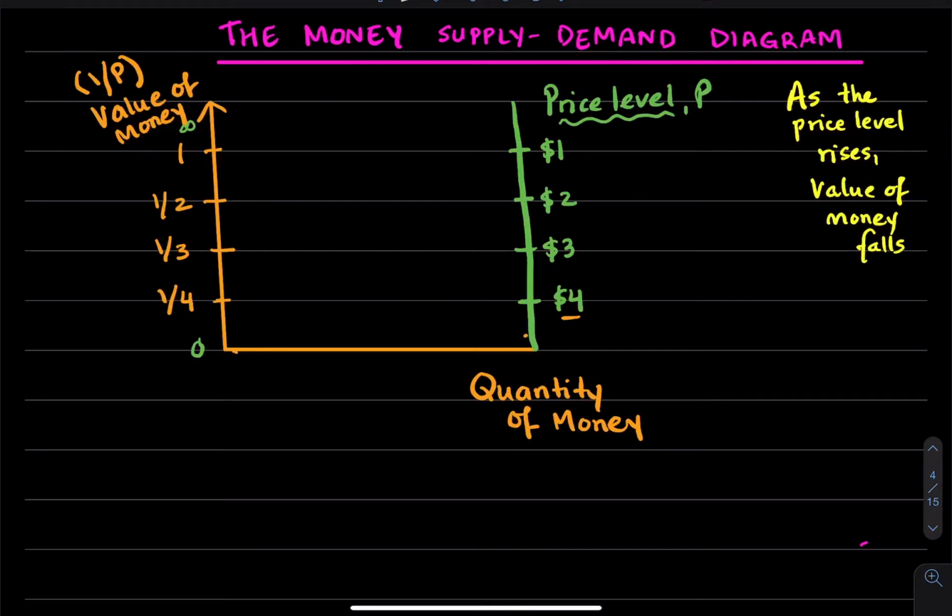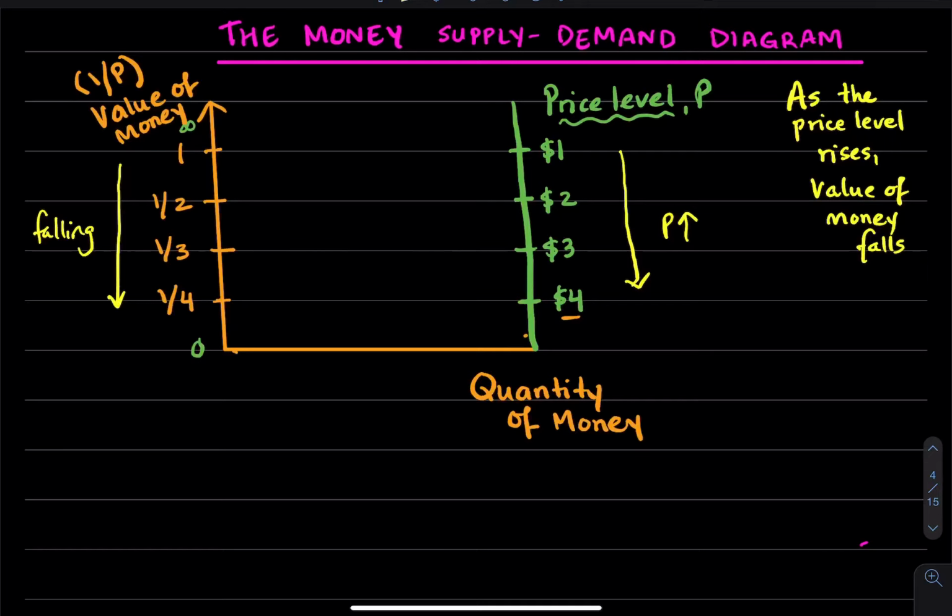Right? So you're looking at this is an increase. If you're going down this way, this is price level going up. And this is telling you that as price level is going up, value of money is falling. Okay, so this is the idea, or this is the framework we're going to operate in.